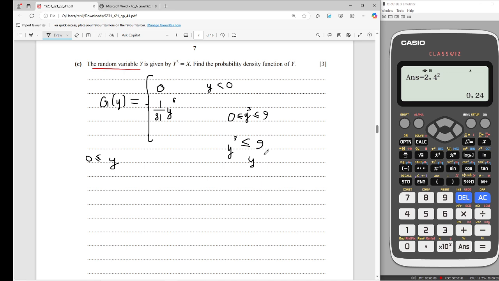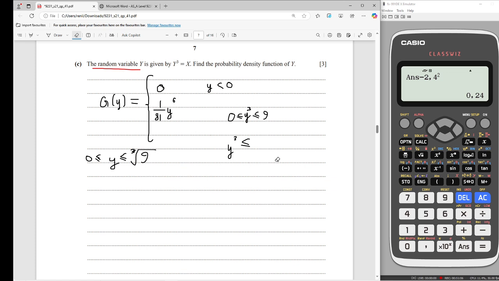So y is going to be lesser than or equal to the cube root of 9. This is going to be the upper limit of our function. So we have here the range for y, which is this.